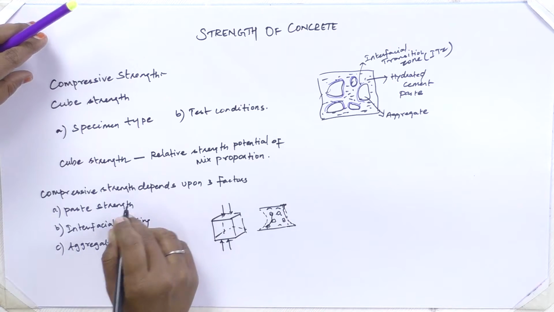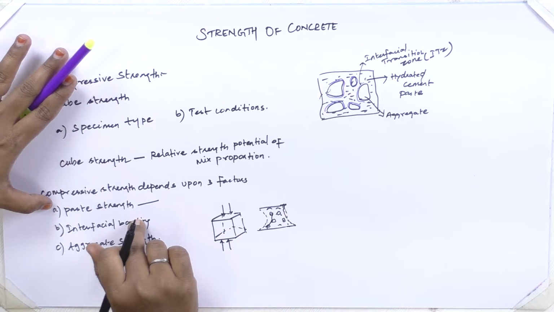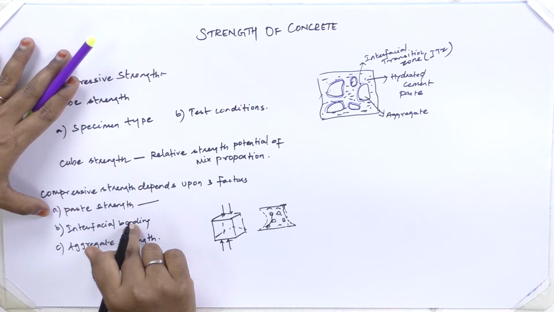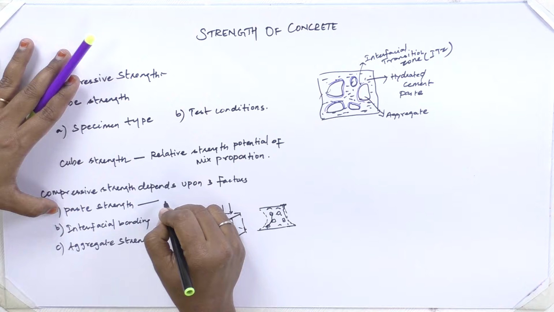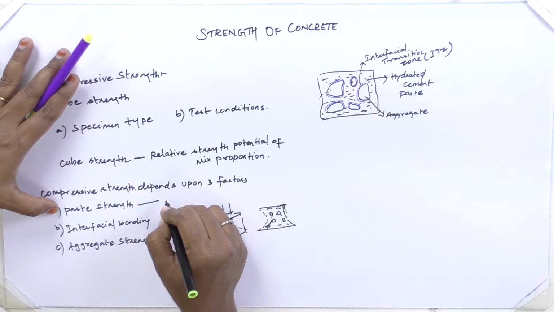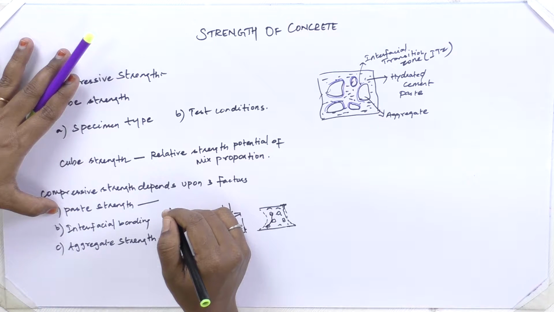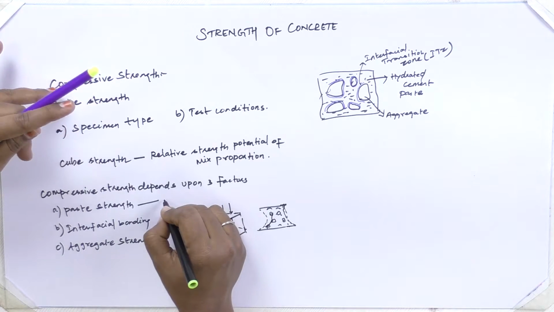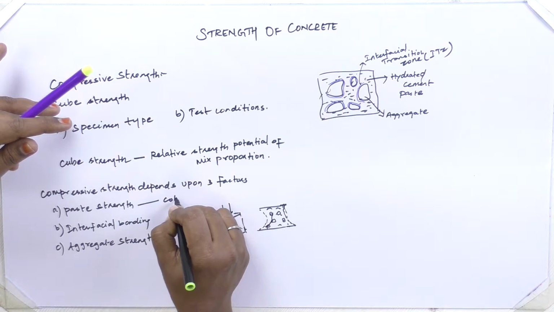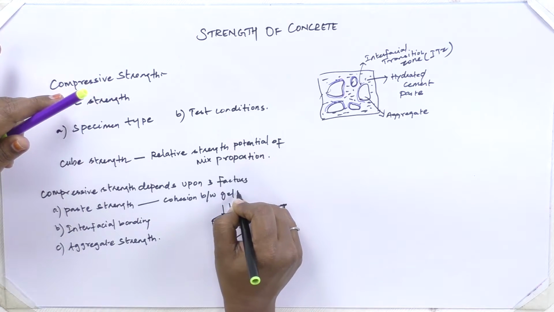So, if we come to the paste strength, how is this paste strength attained? The paste strength is obtained because of the cohesion between gel particles.